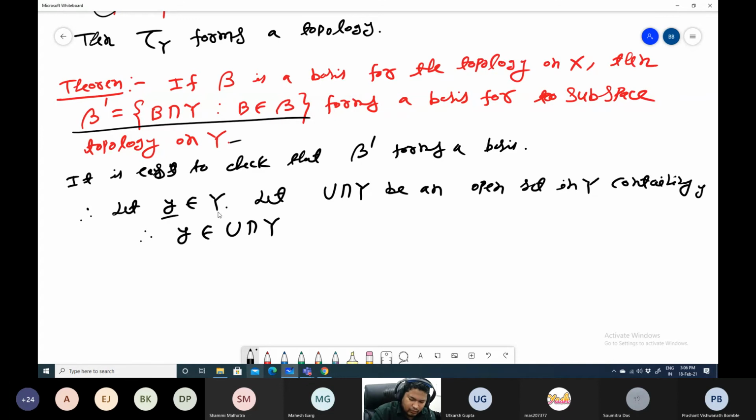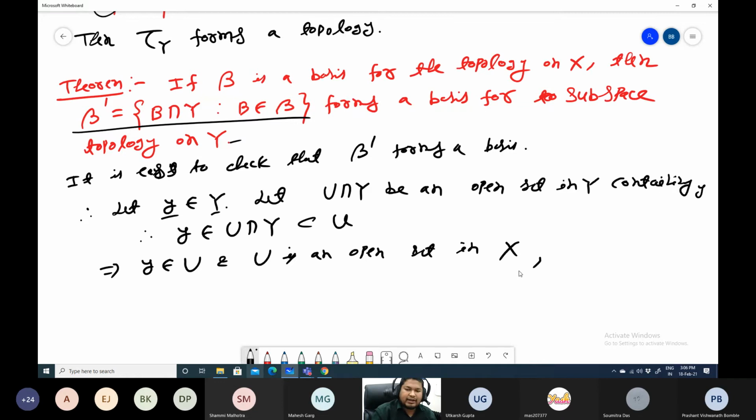So that means x belongs to U intersection Y. And here given that x belongs to Y only. Now that is a subset of U. So that implies x belongs to U and U is an open set in X. Right?